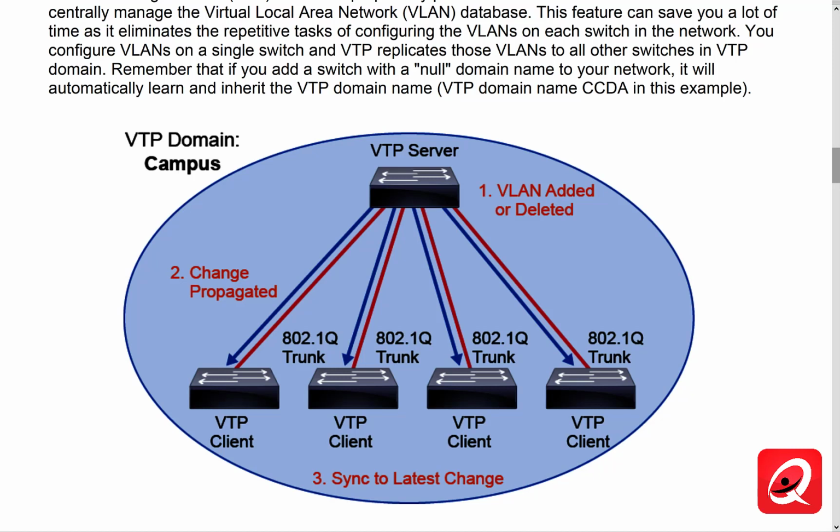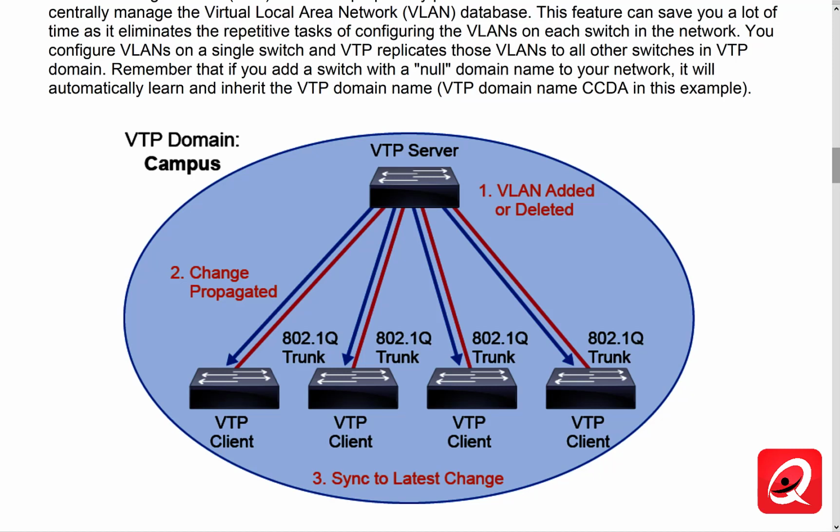But I didn't do anything with DTP or VTP. So step number one, DTP is running on that switch. So if I plug a host into that switch, I generate some DTP messages. Most likely the port that I'm connected to is going to become a trunk, which also means that VTP can now run over that interface, the VLAN trunking protocol.